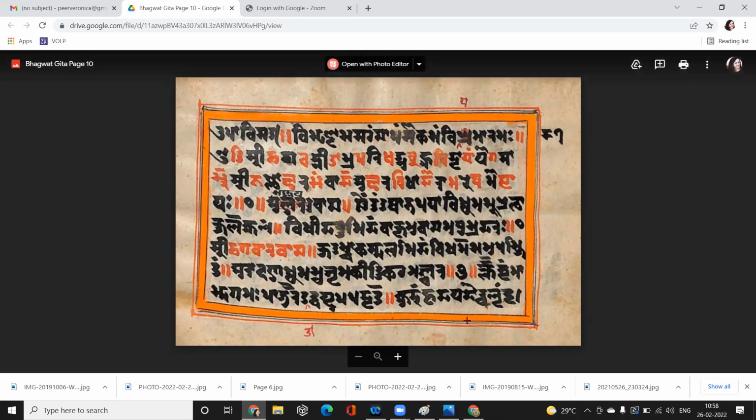And after the Purna Viram, any guesses? Ka. This is ksha, again the conjunct sha. Sha, u. Kshu, and the ra matra below.